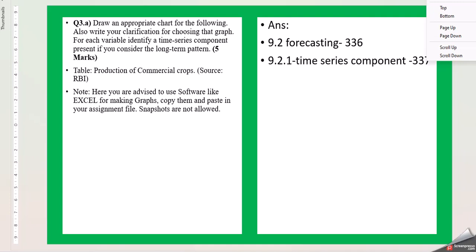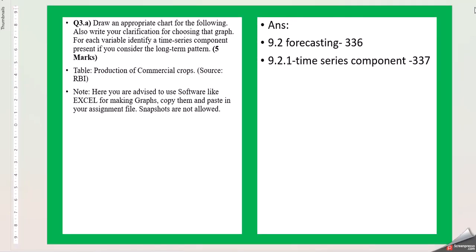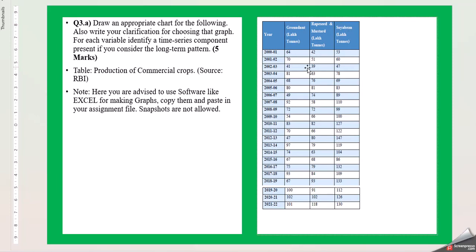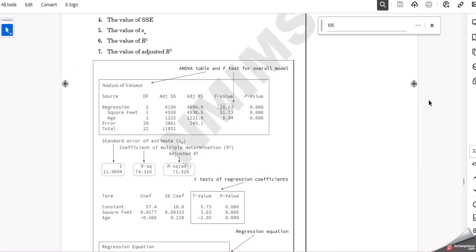Here is the table of crops that has been given. This is the ears, groundnuts and lactons, then rapeseeds and mustards, and then soybean. Okay, forecasting 336 and 337.